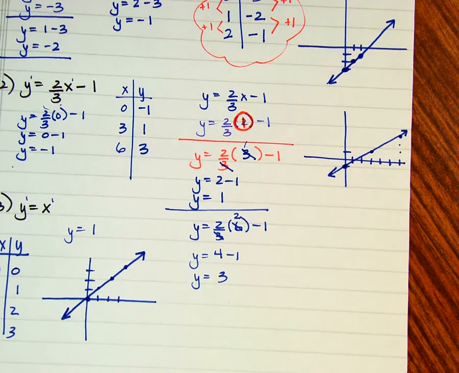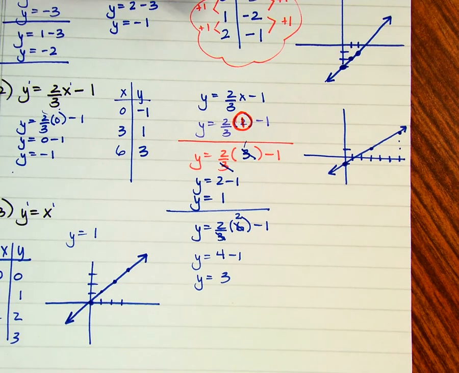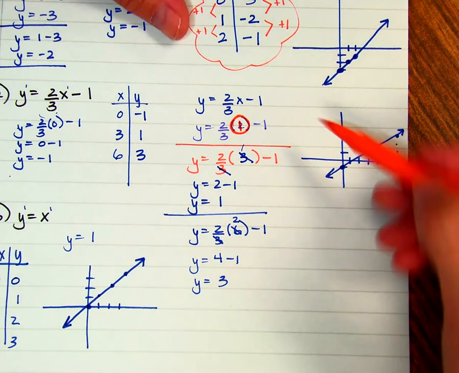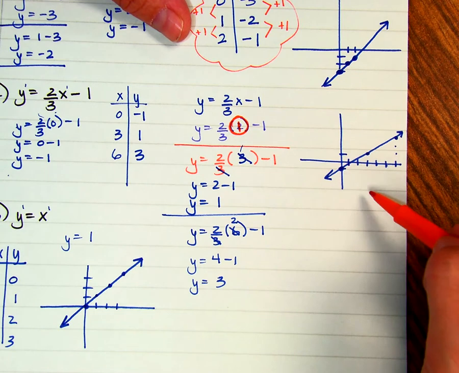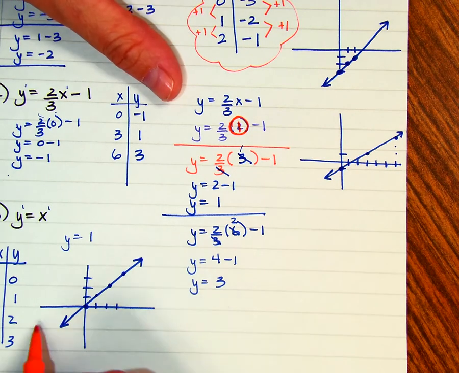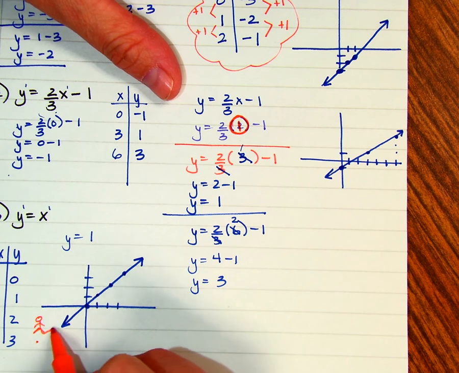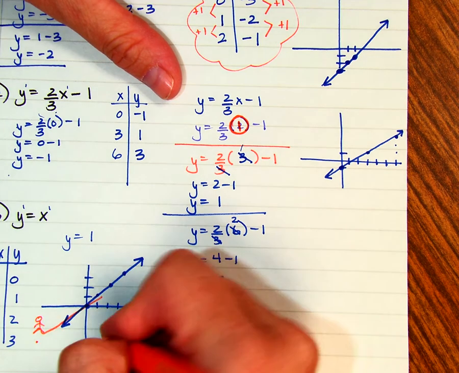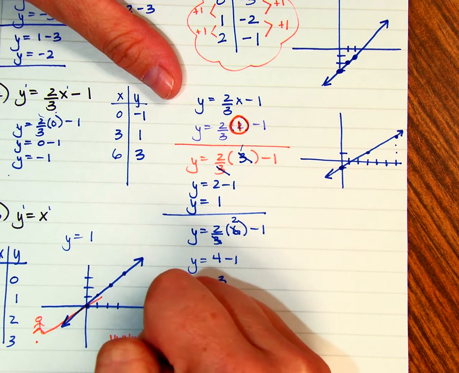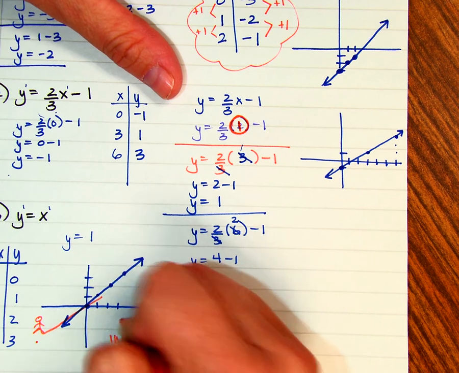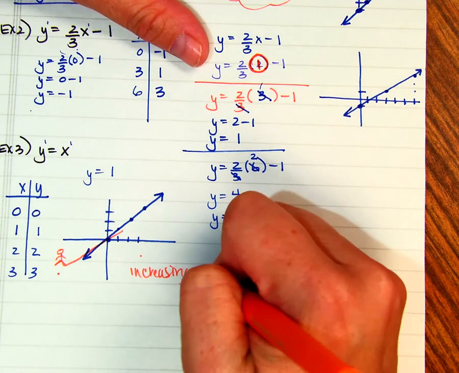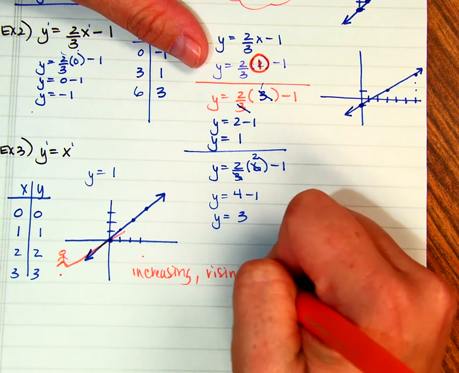On all of these, what you should be noticing, and we will talk more about this when we get into the next unit, is that all of these are increasing. So if we are, say, walking here, we're going to be going up the hill. These are increasing. Sometimes we will talk about a rising slope.